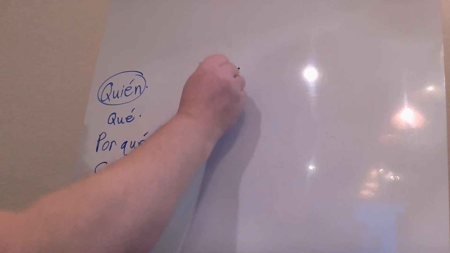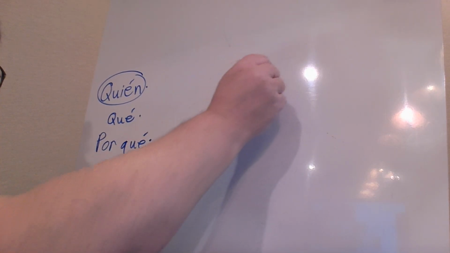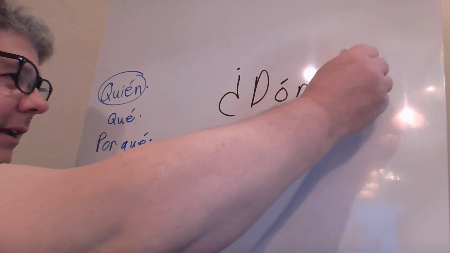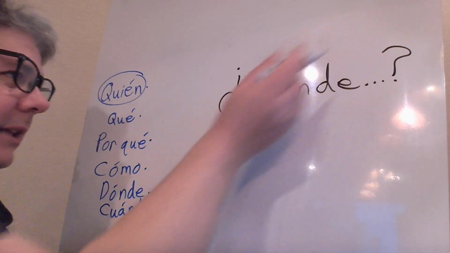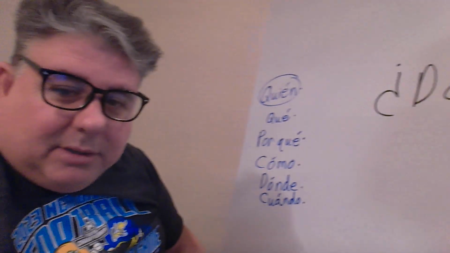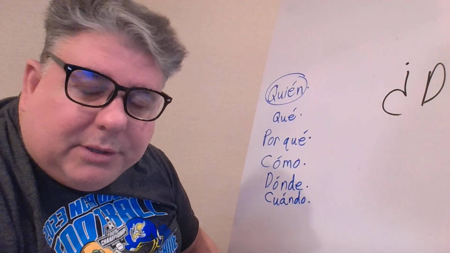Now, a couple more that we're going to do today would be the location question, which would be donde. So I wanted to tell an interesting story. We went as a family to San Antonio, Texas a few years ago on a vacation in 2022.